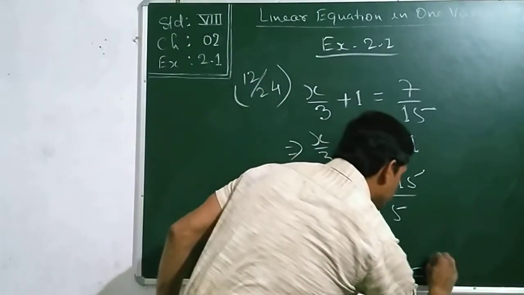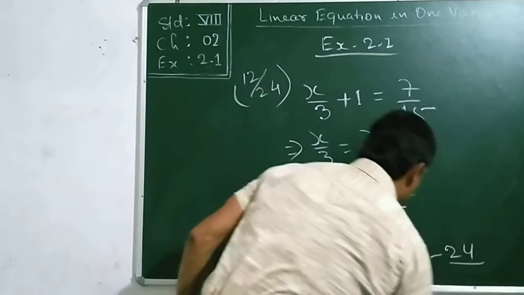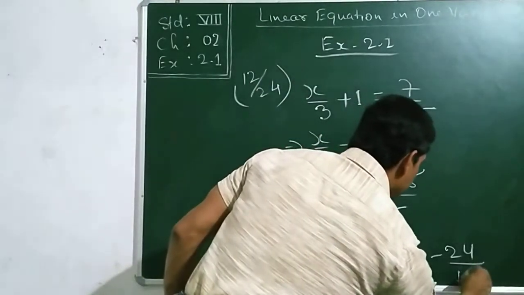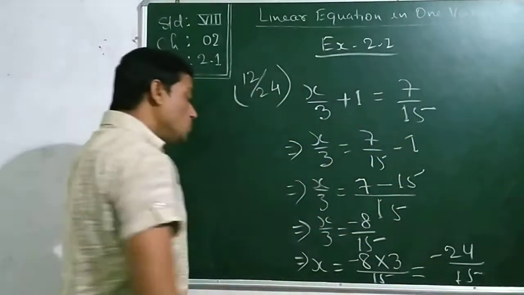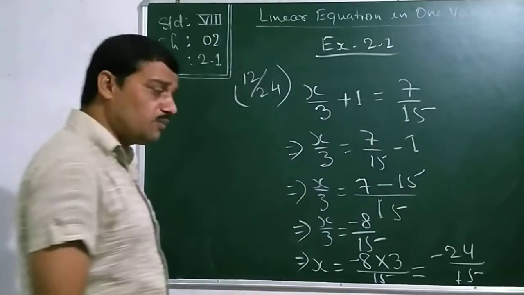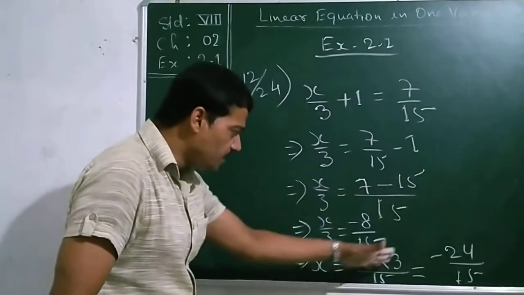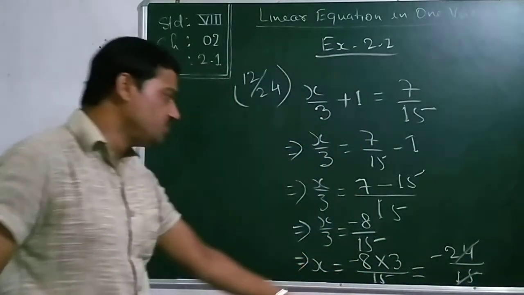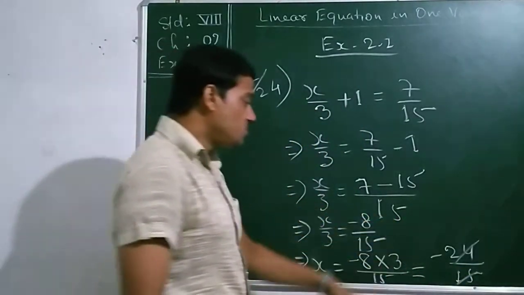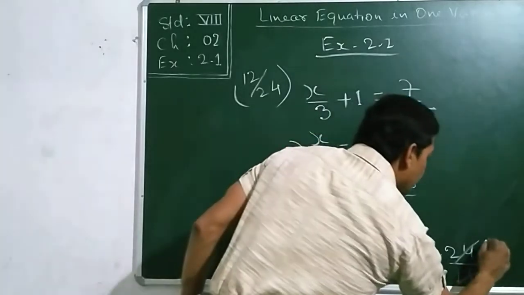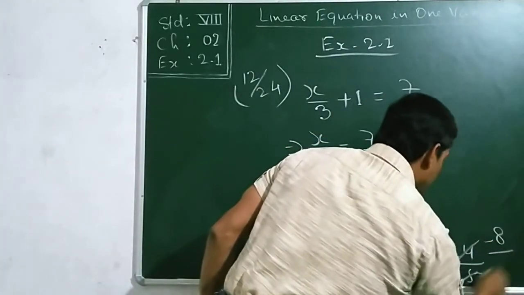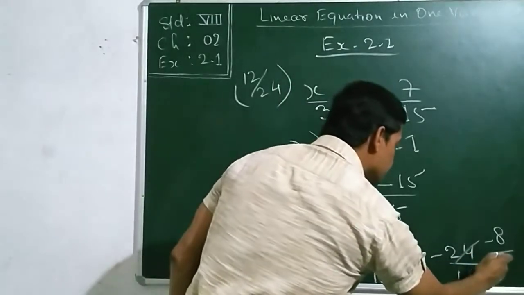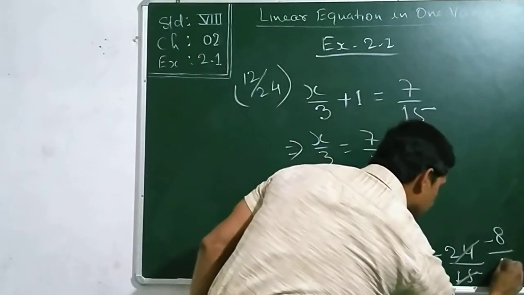Minus 8 into 3, minus 24 by 15. In lack of space, I have written here. You can reduce it to the lowest term also. Here also it could have been reduced. As I did not reduce it here, I am reducing it here. Minus 8 by 5.